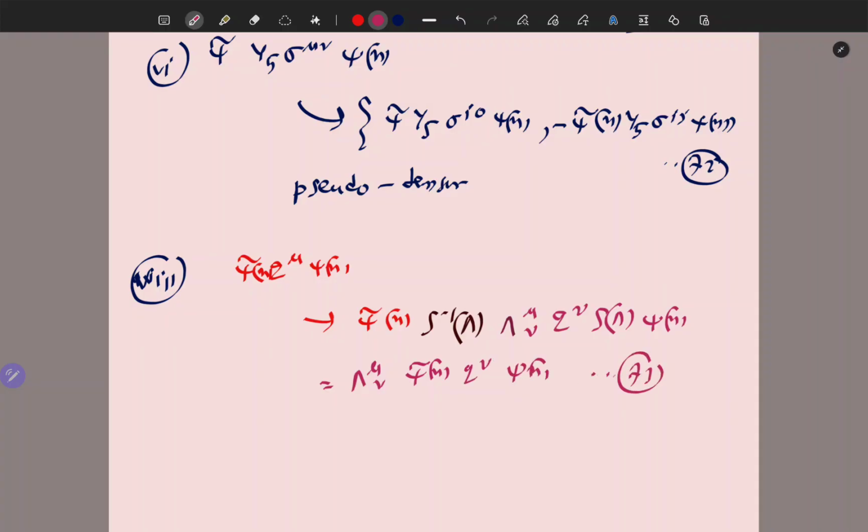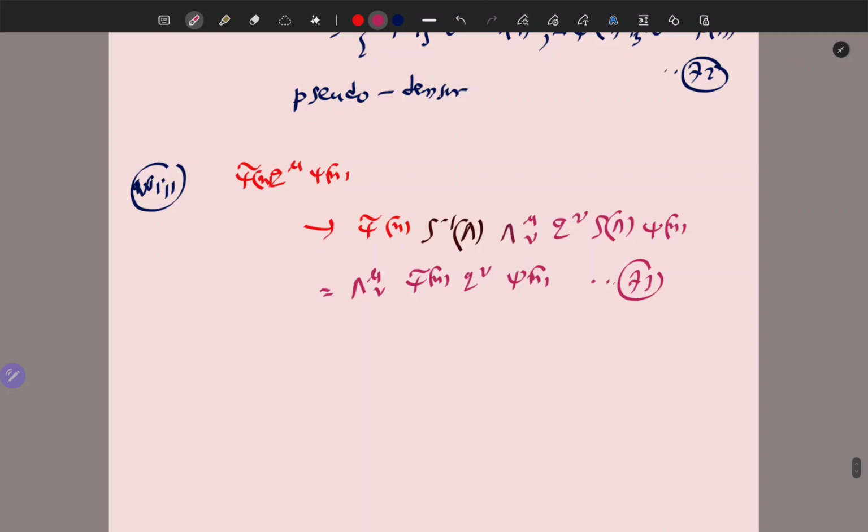This is 73. It transforms as a 4 vector. Under parity, the spatial component of the 4 momentum changes sign. This is a vector. This bilinear is a vector.